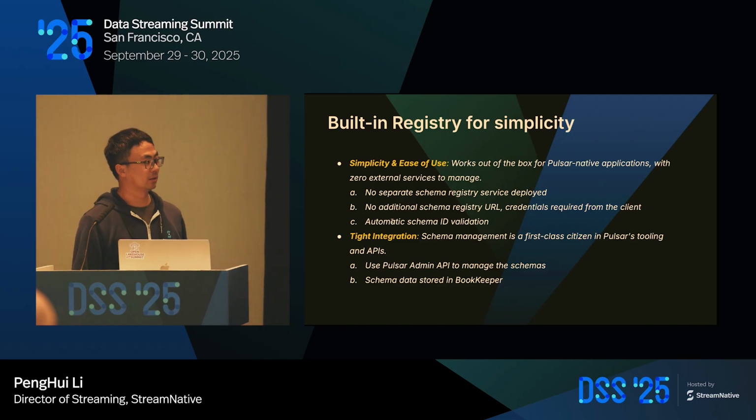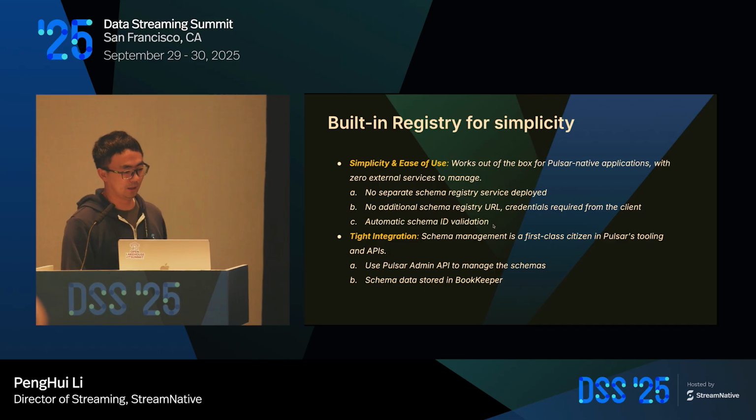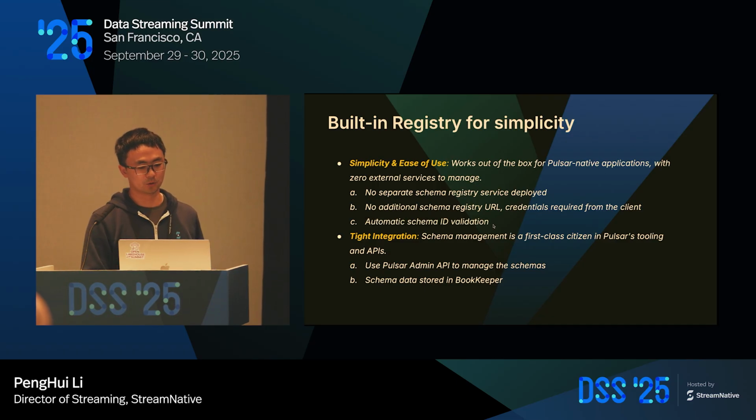If you come from Kafka, by default it will not validate your schema ID on the server side. Everything happens on the client side and the schema registry. You can enable it, though. I remember Confluent supports validating the schema ID on the server side, but you need to enable it. Those things are just default for native Pulsar.